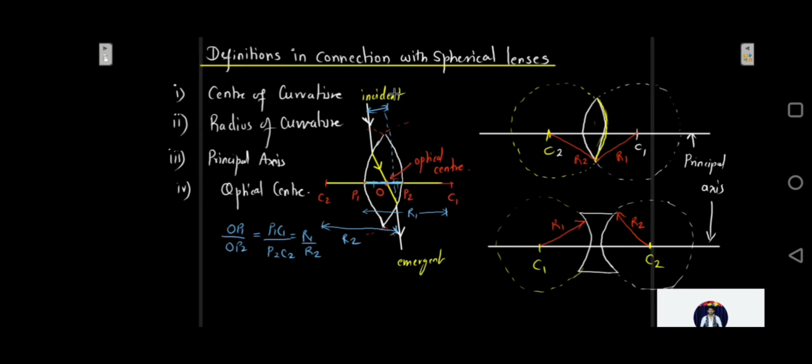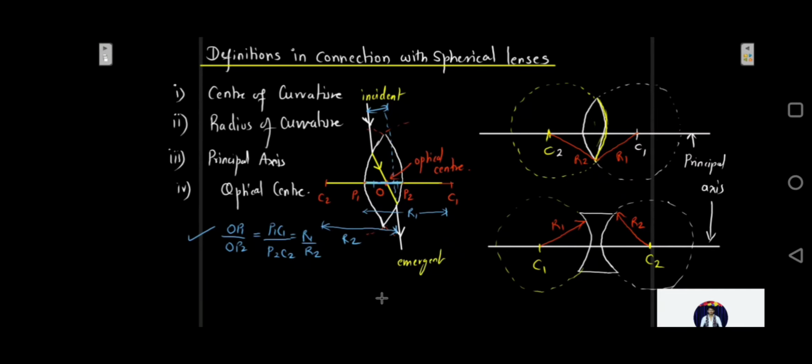If the radii of curvature of the two surfaces are the same, you can make out from this ratio that the optical center is going to divide the thickness of the lens into exact halves. So if R1 is equal to R2, then O will be exactly at the geometric center of the lens.